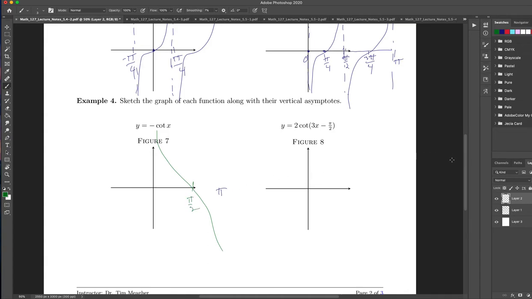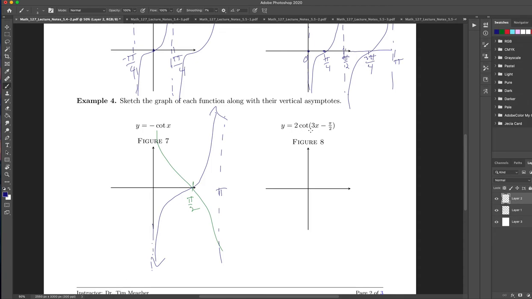So minus the cotangent would just be the opposite of that. And here's my asymptote. And so it'd come up, go in, and then pop back out. Okay, so this is minus the cotangent. And this would be, of course, an asymptote. So this negative sign means just flip it across the x-axis.